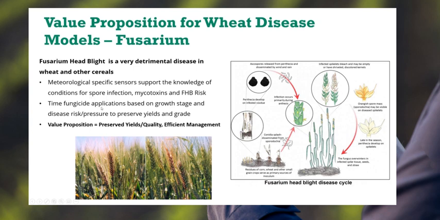What that does is allow us to time fungicide applications based on the growth stage as well as the disease risk pressure to preserve, in this case, yields and grade. So we want to know the synchrony of the crop in relation to the actual disease risk pressure, mycotoxins, and infections. What we're doing then is preserving yields and quality, which is our value proposition, and becoming efficient in the management.